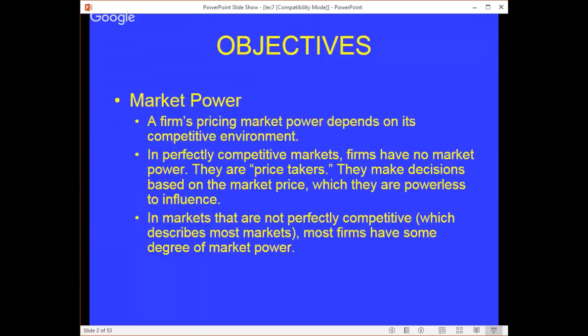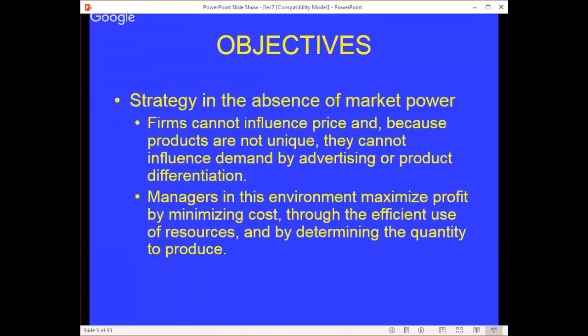In markets that are not perfectly competitive, most firms have some degree of market power. In other words, they can vary their price somewhat. In the absence of market power, firms can't influence price because the product isn't unique, and they're not big enough to influence demand or supply, either by advertising or changing the price or any type of product differentiation.